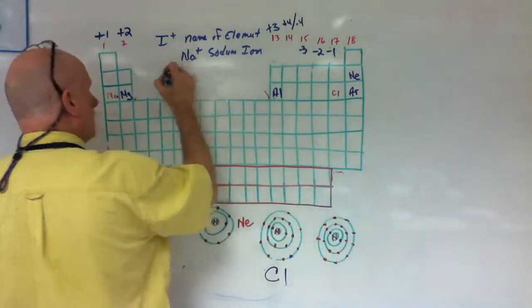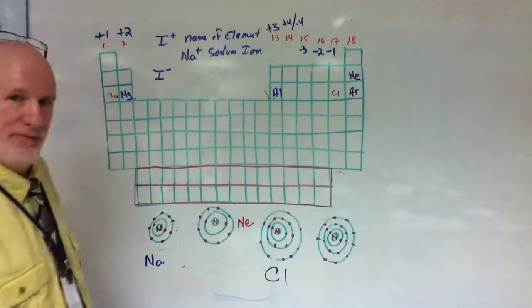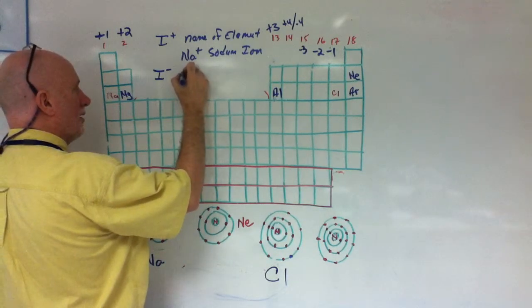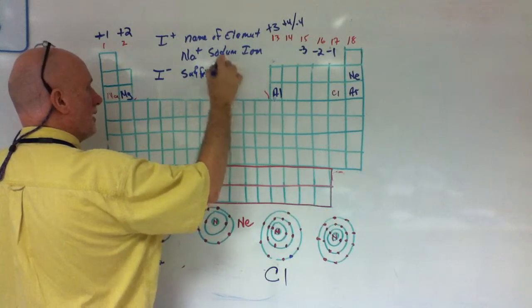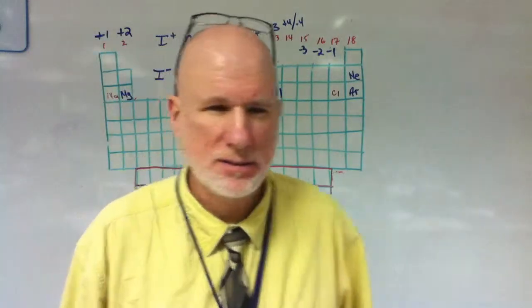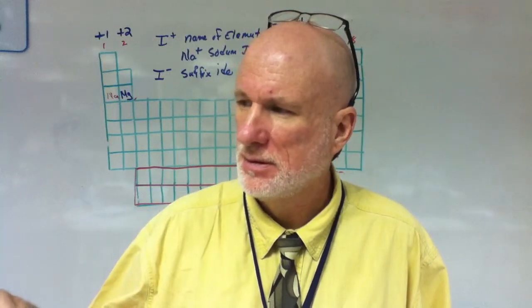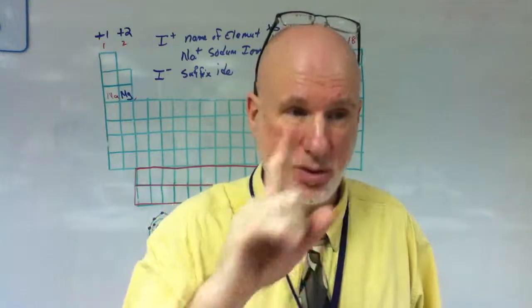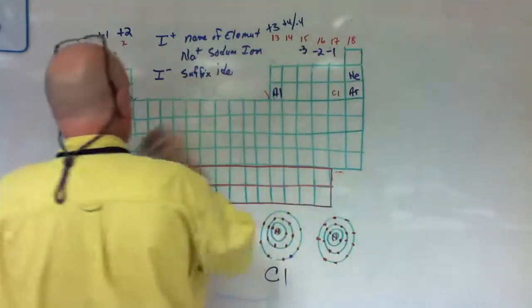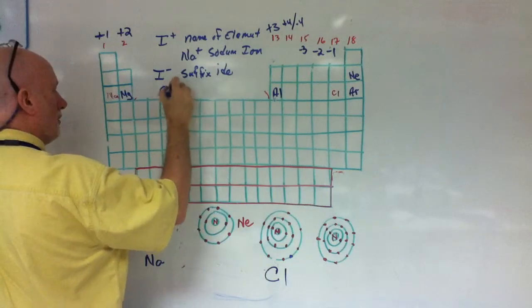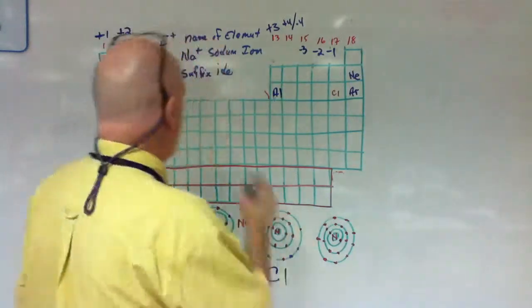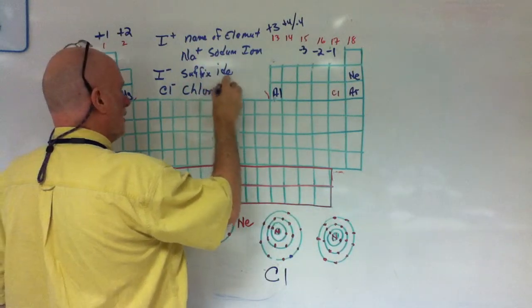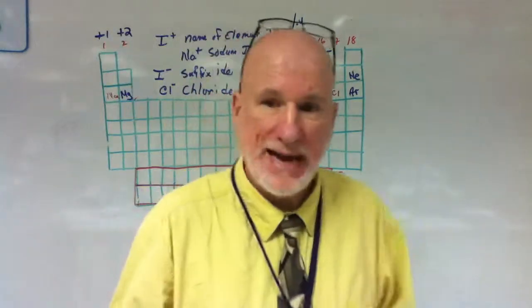And the negative, you say the suffix IDE. What's a suffix? The ending to a word. All right, so I'll give you an example. Chlorine, -1. How would you name it? Chloride. Chloride. That's how you do this.